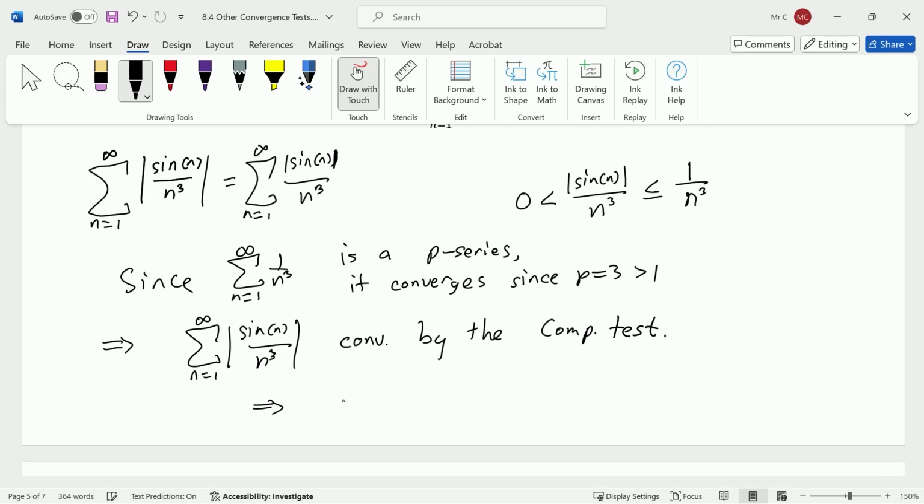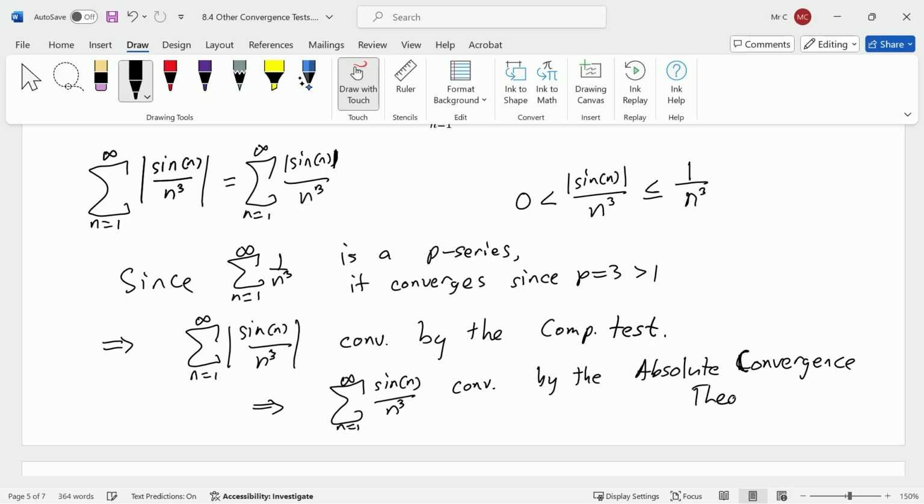And that implies that the original series converges by the absolute convergence theorem. Okay, well that's it for that one. Whew.